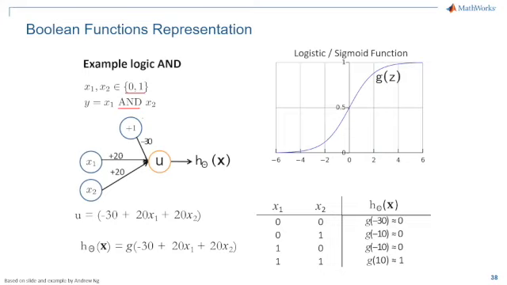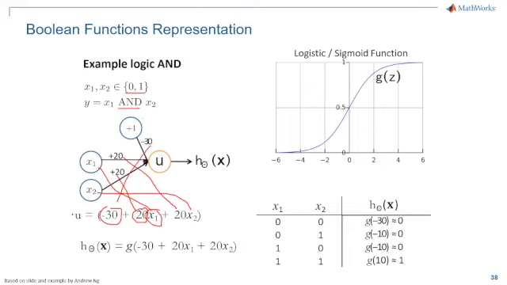And you have weights, plus 20, plus 20, minus 30 are the weights. And here's the summation of everything. And you go through the function. So here you have the bias, minus 30, the weight plus 20 for the input x1, and x2 you have it here, and 20 you have here.